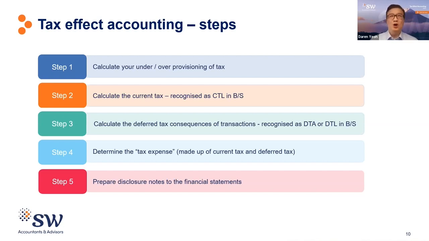In the next step, we'll compare our accounting balance sheet to our tax balance sheet and calculate our temporary differences and deferred tax balances. From there, we can determine our income tax expense, and finally, we'll work out our journals and our disclosure note for the financial statements.